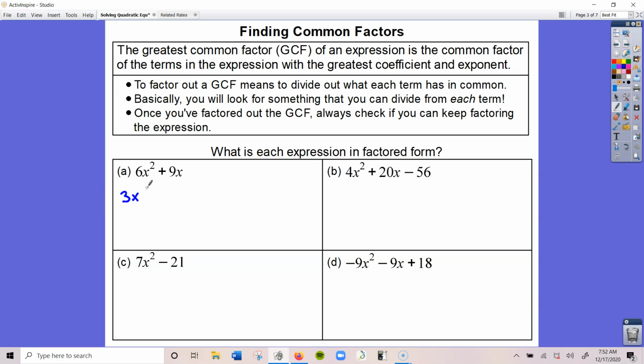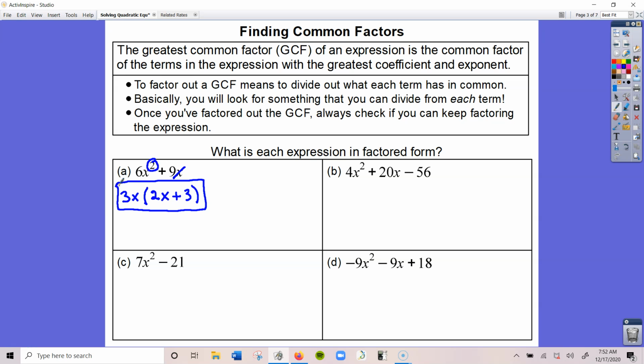And so what I'm doing here is I am dividing 3x from every term. 6 divided by 3 is 2. And if I took out an x and there were originally 2, that means that I have 1 left. Plus 9 divided by 3 is 3. And since I already took out the x, I don't have an x anymore to write inside. So this would be my factored form of that particular quadratic.